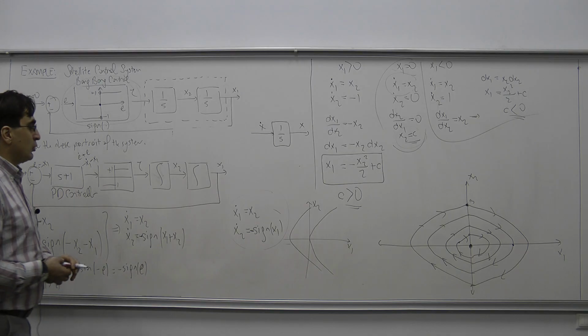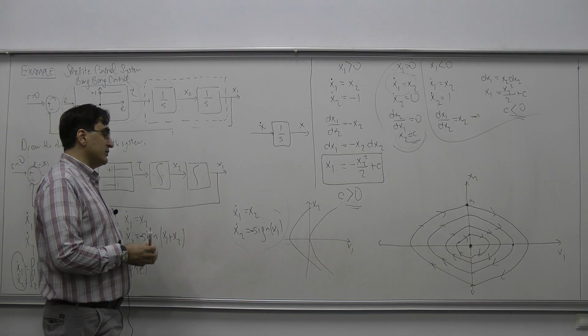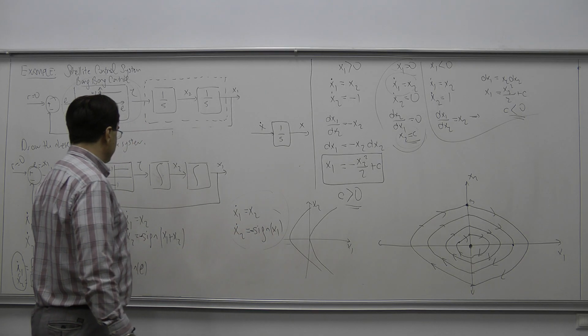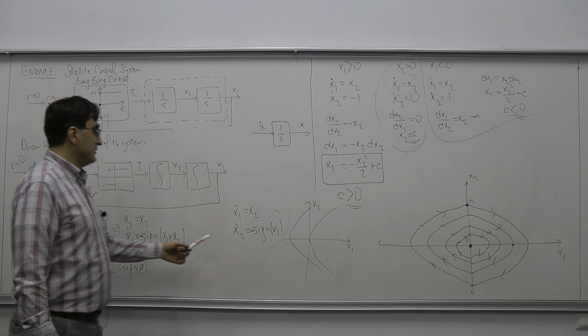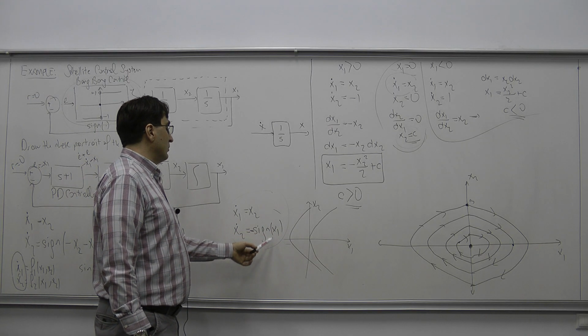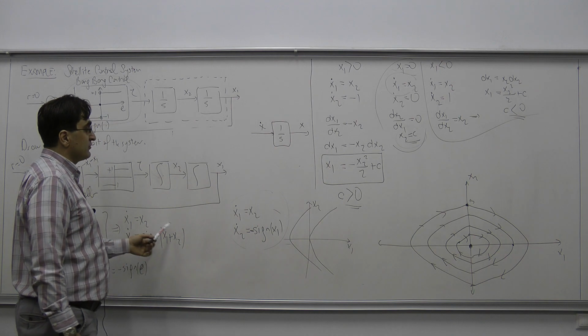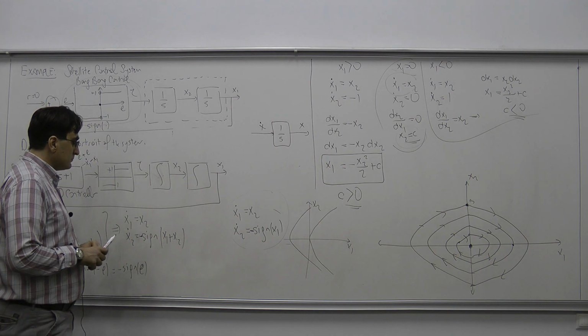So you see that the only thing that has changed in the system is this argument of the sine function. In the earlier case, I had only x1 in the argument, and now I have x1 plus x2.